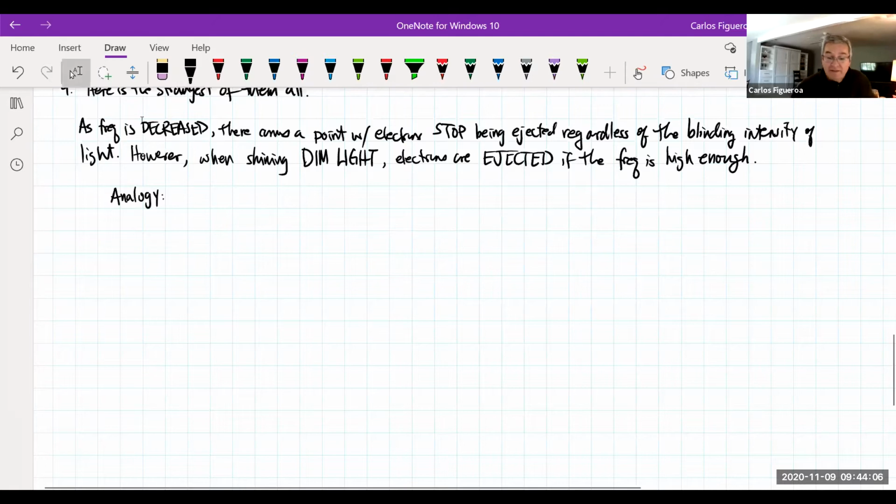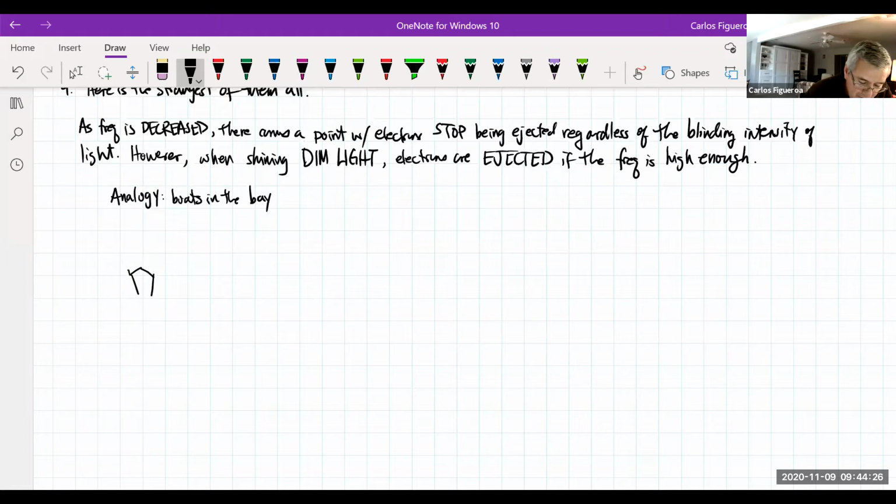Okay, so when I think about my analogy here, what I imagine here, this is what I call boats in the bay. Okay, so you could imagine that I have some boats in the bay. I mean, how do you draw boats? No idea, but we could just, right? And then of course they're in water, so you gotta do water.